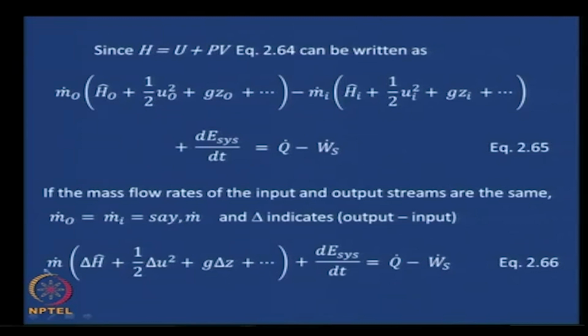So this is a nice form of the energy balance, a very useful form of the energy balance. Note that we considered only one input stream and one output stream for this particular system.